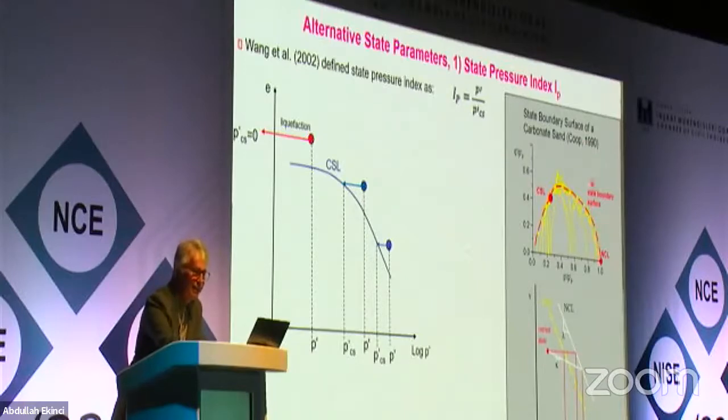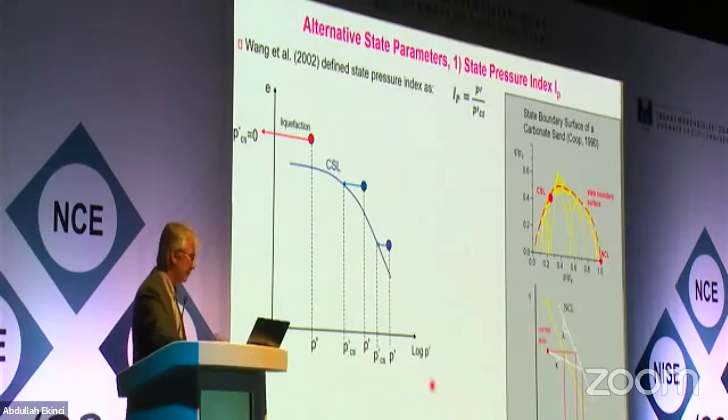And this is me in 1990 doing exactly the same thing to define state boundary surfaces for carbonate sand. And there are a variety of what we call equivalent pressures, critical state lines and normal compression lines. I'm not claiming that I certainly didn't know the idea goes way back to Schofield and Roscoe, I think, maybe even further.